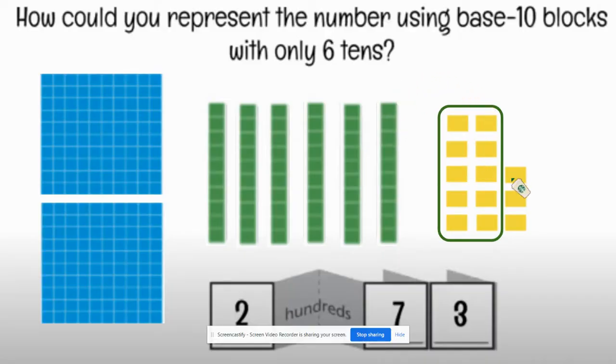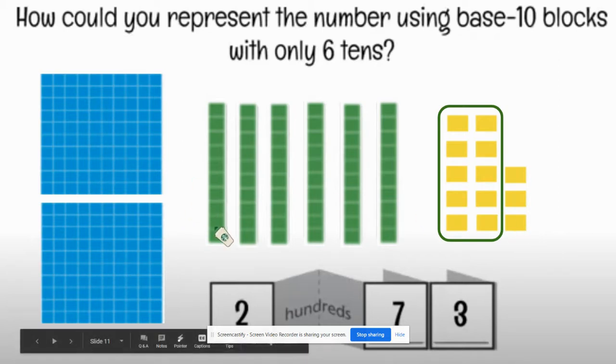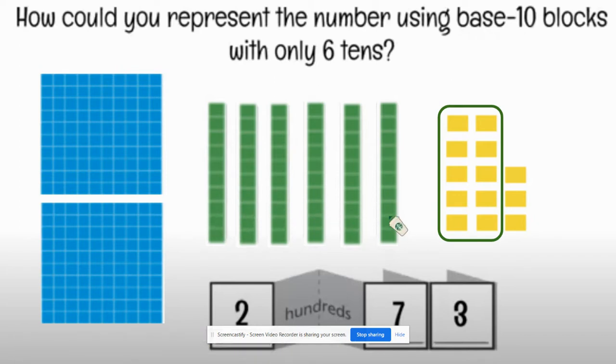That will go there, and then I will have my 3 ones. So I have 200, 1, 2, 3, 4, 5, 6, 7 tens, and then 3 ones. So I would say that 273.